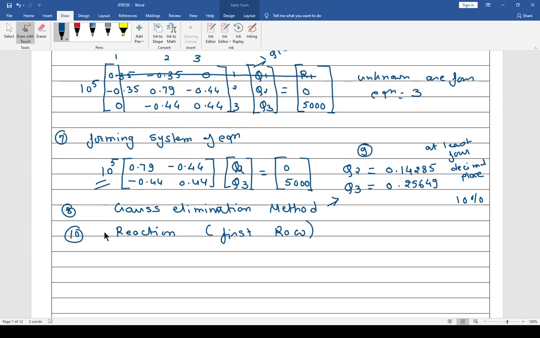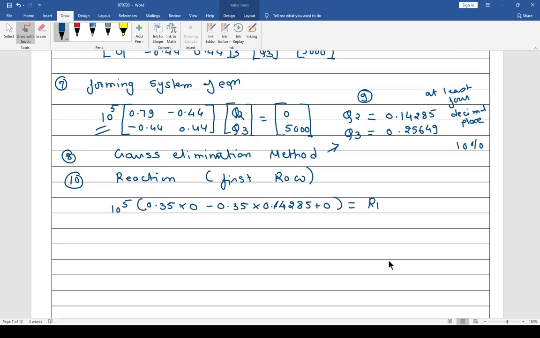So from the first row, 10 to the power 5 is common, 0.35 into q1 which is 0, minus 0.35 into q2, which is 0.14285, and then finally plus or minus doesn't make any difference, it is 0, and it is equal to R1.